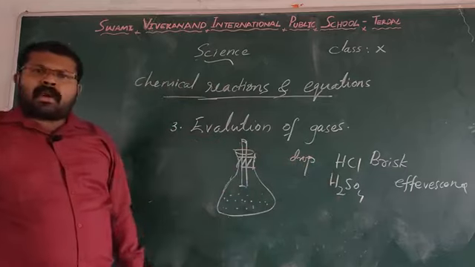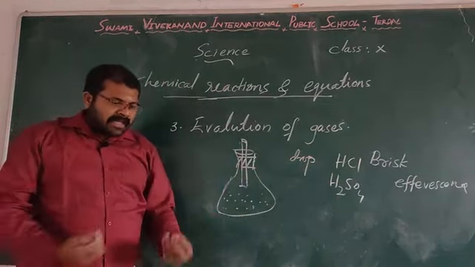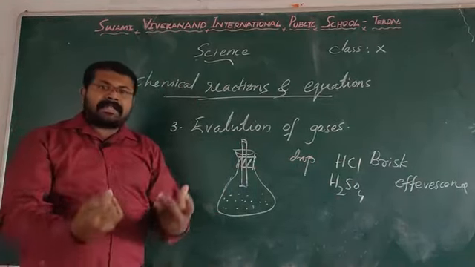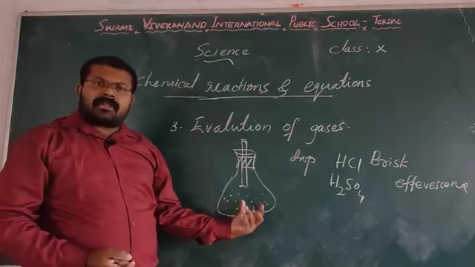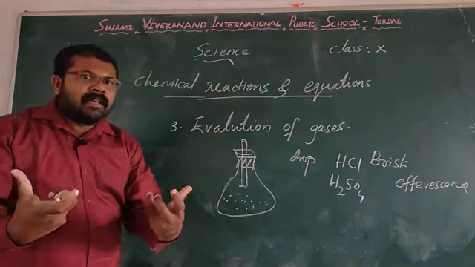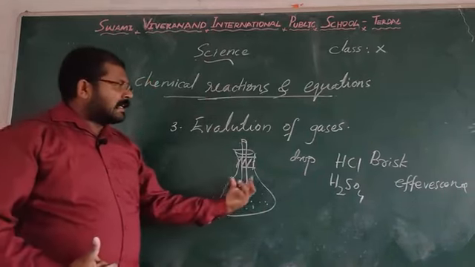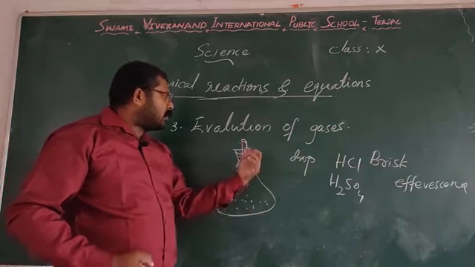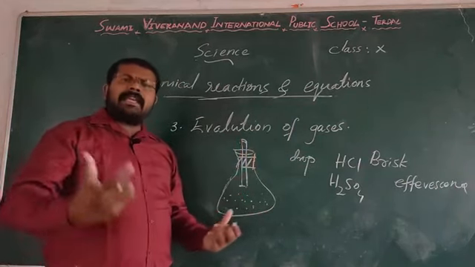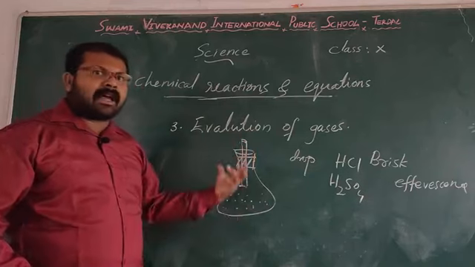What do you mean by brisk effervescence? You can see bubbles coming at the bottom of this conical flask. These bubbles are nothing but hydrogen gas. This hydrogen gas will come out through the tube, so you can easily identify whether any gas is coming or not.